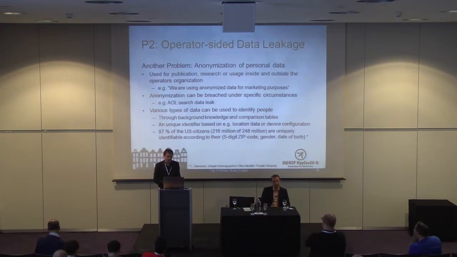If you take some attributes of those data sets and compare it with another table where you have the names, you can re-identify the people. Another study showed that you can identify most US citizens by just the postal code, the gender, and the date of birth, which is a big problem for medical research, where you often release exactly this data for doing statistics.